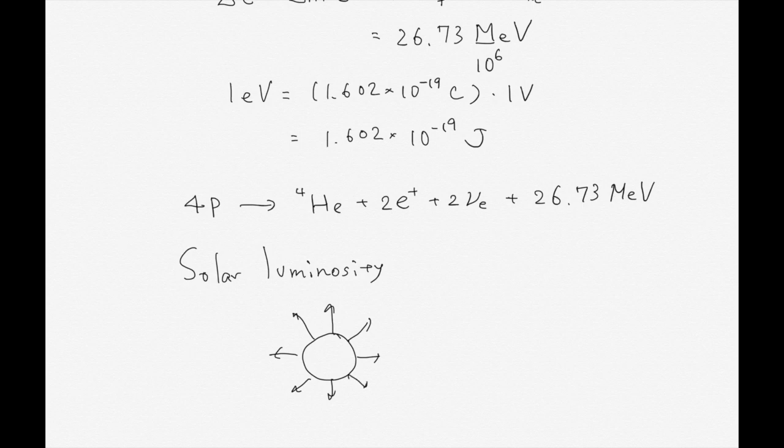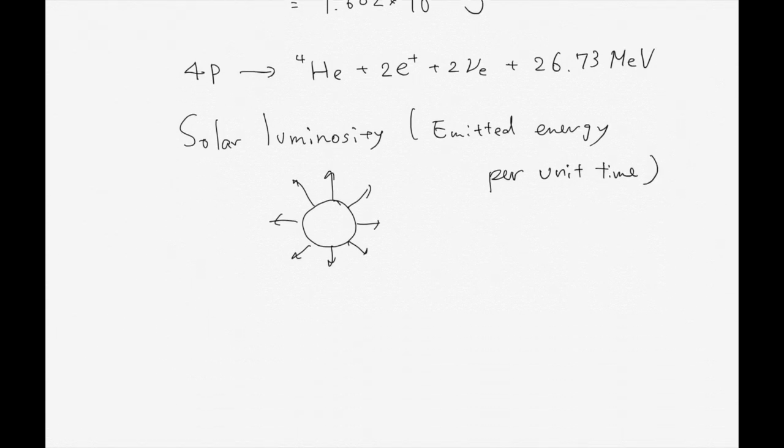Solar luminosity is the emitted energy per unit time. Solar luminosity is given as L equals 3.8 times 10 to the 26 joules per second.